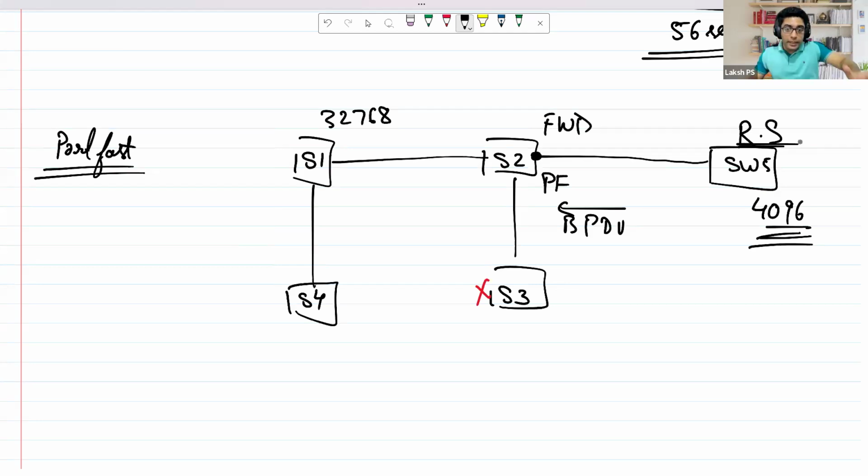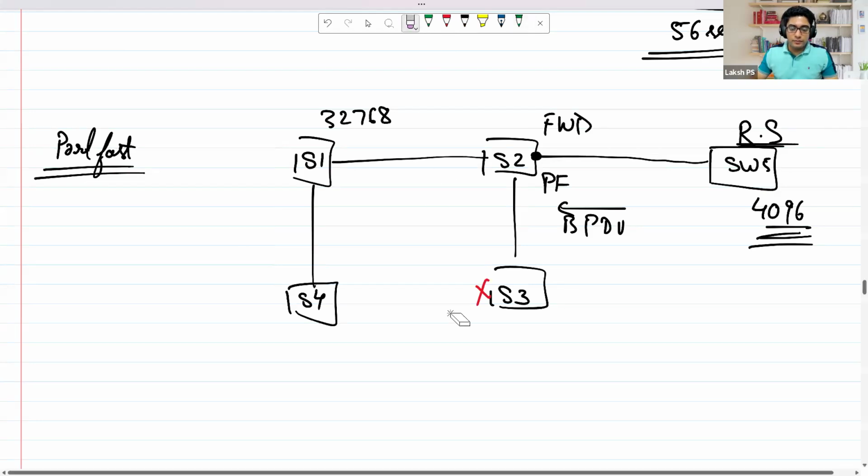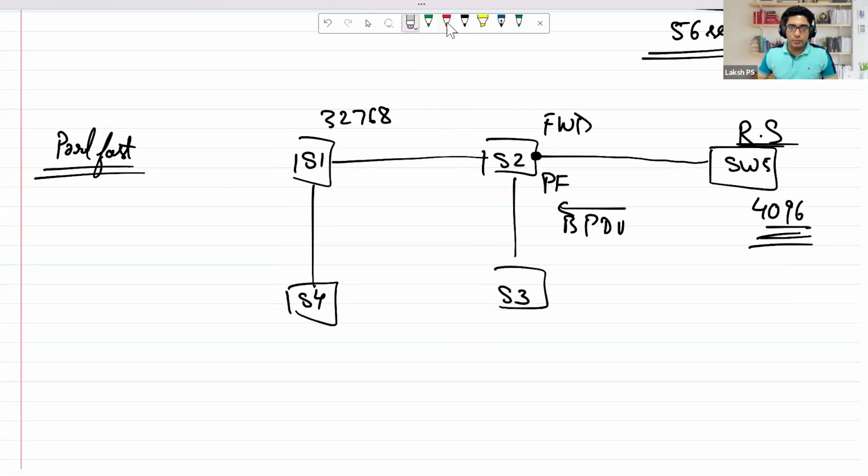The topology will completely change. Instead of a blocked port over here, I think this is going to have a block. The topology has completely changed.